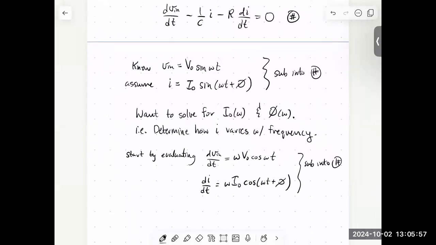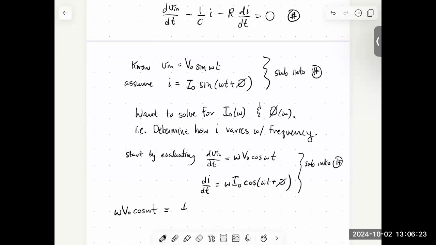All right, so the first thing we have is the derivative of V, so we have omega V naught cos omega t. And what I'm going to do is we have these minus signs. I'm just going to move this stuff over to the right, so we'll get rid of the minus signs. So then we'll have 1 over c times the current. But the current, we have a form for that current.